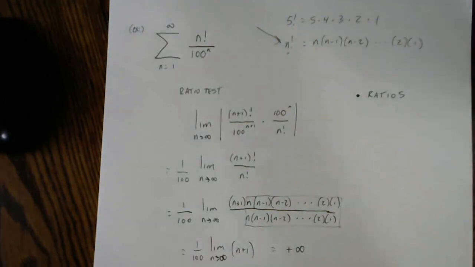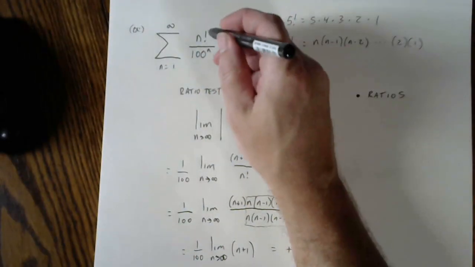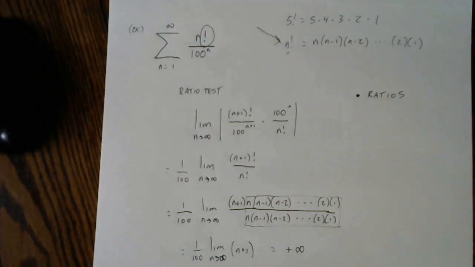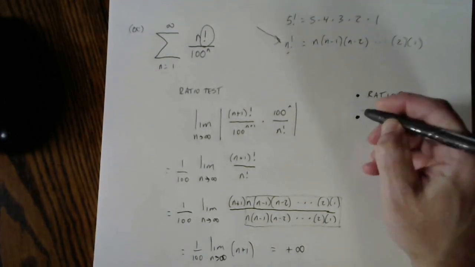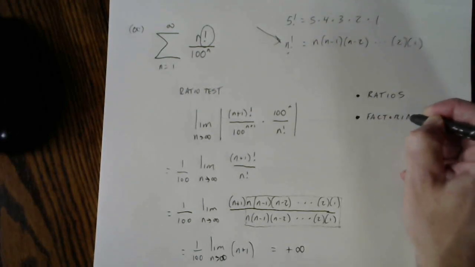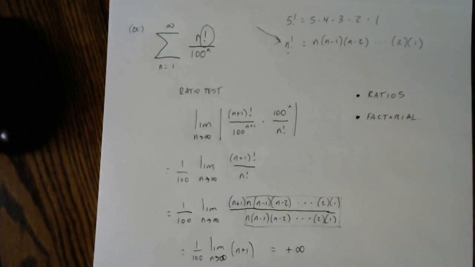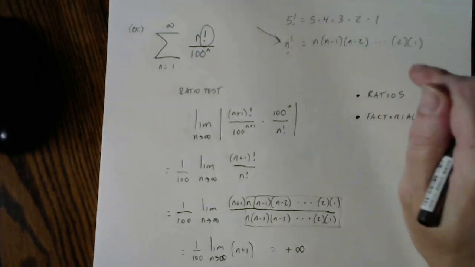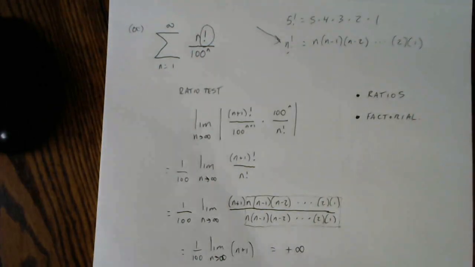The other sort of dead giveaway is the factorial. If you see a factorial, it should pop into your head: maybe this is ratio test. If you see a factorial and a ratio, that's a no-brainer.